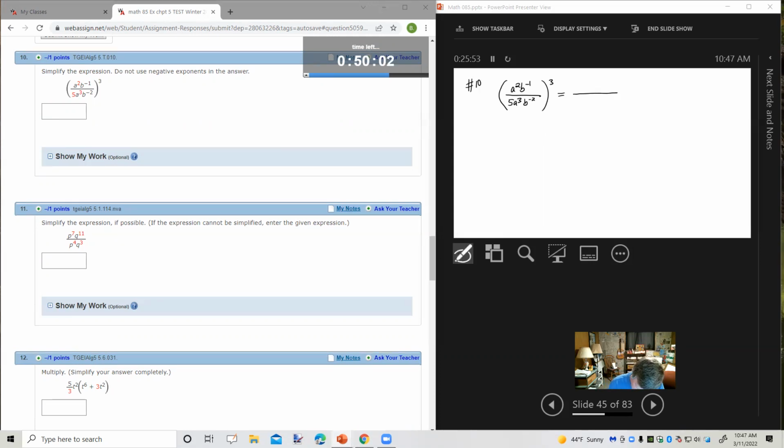Okay, let's see here. We've got a 5 on the bottom. A squared over a cubed would be a to the 2 minus 3, or a to the negative 1 power. B to the negative 1 divided by b to the negative 2 is b to the negative 1 minus negative 2, which is b to the negative 1 plus 2, which is b to the 1.